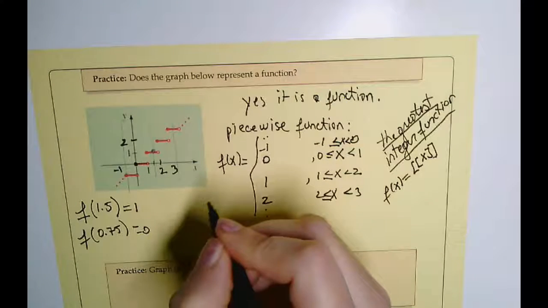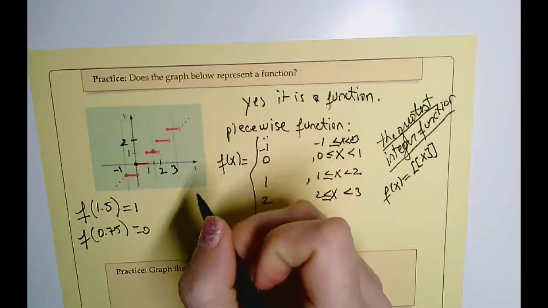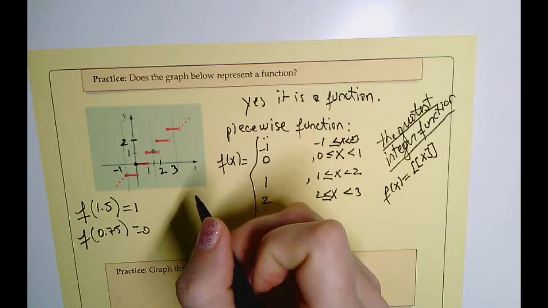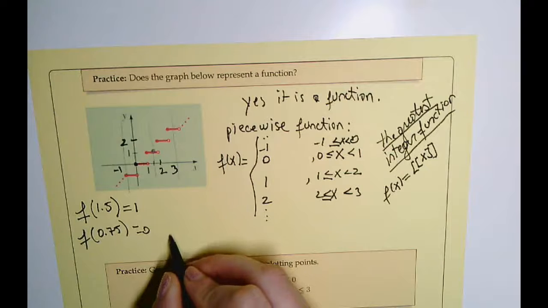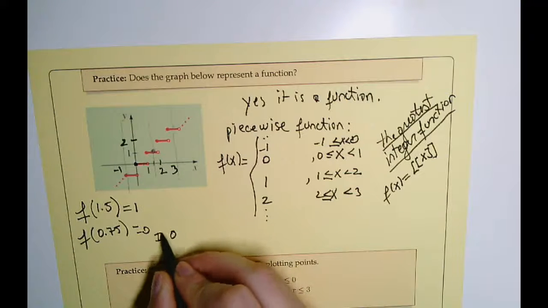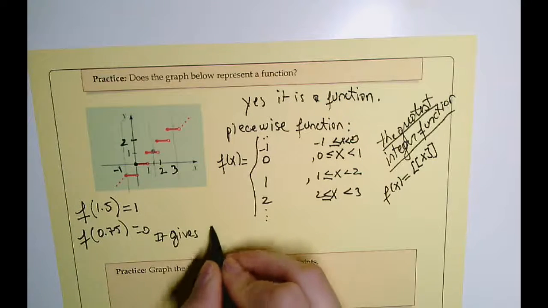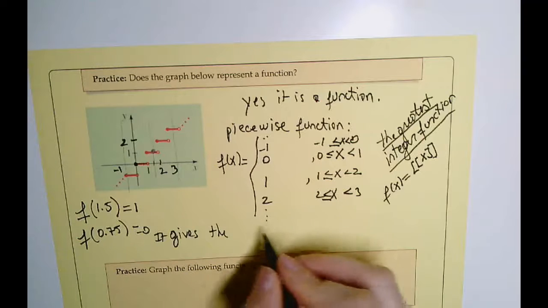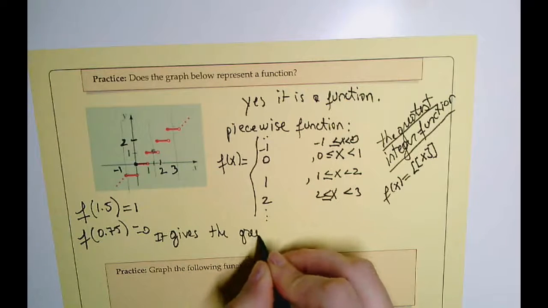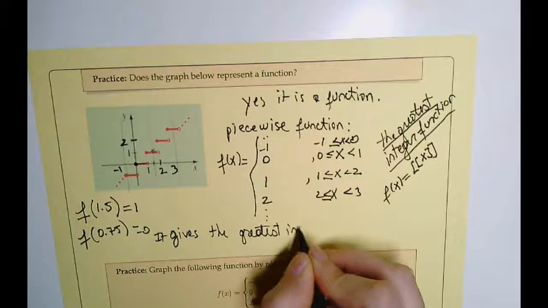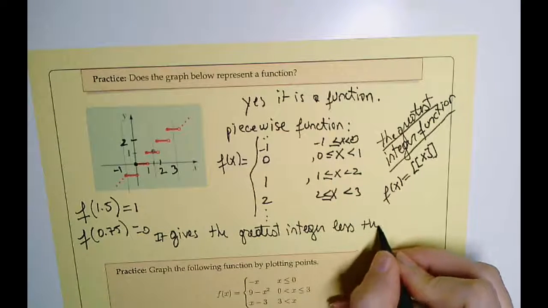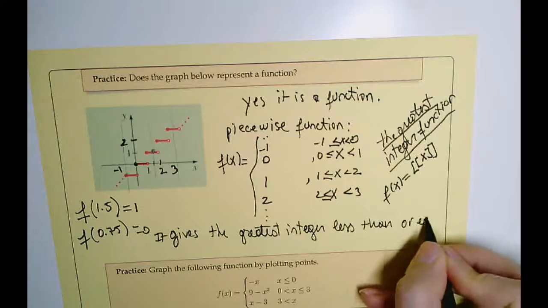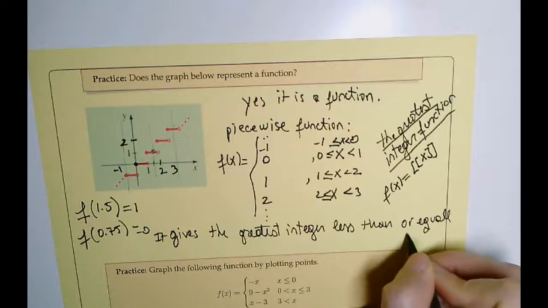So the greatest integer function gives the greatest integer less than or equal to x.